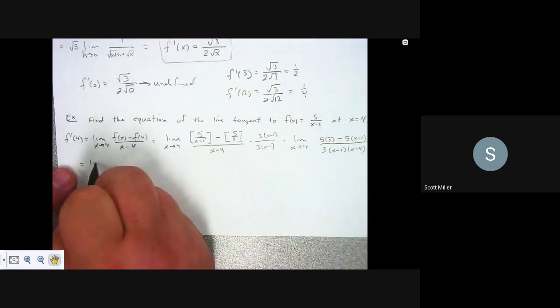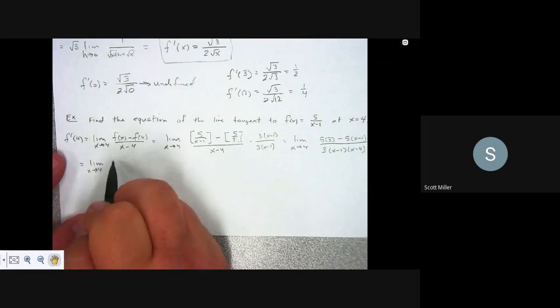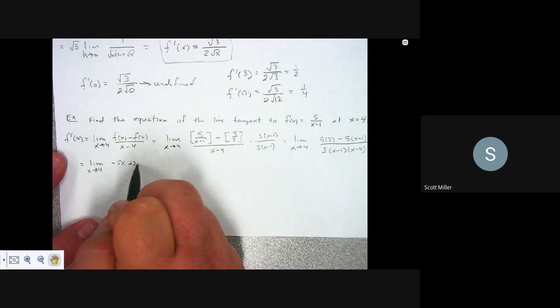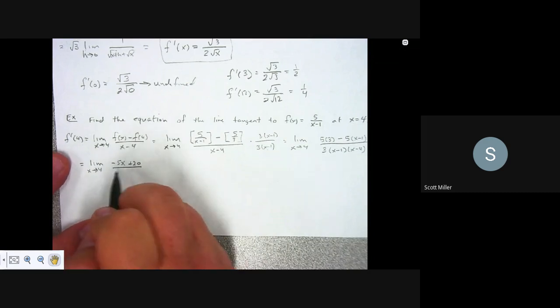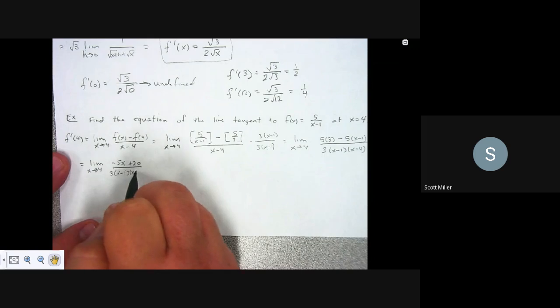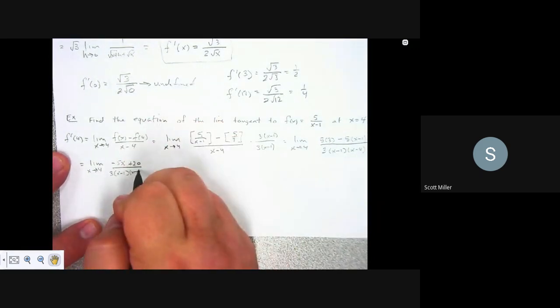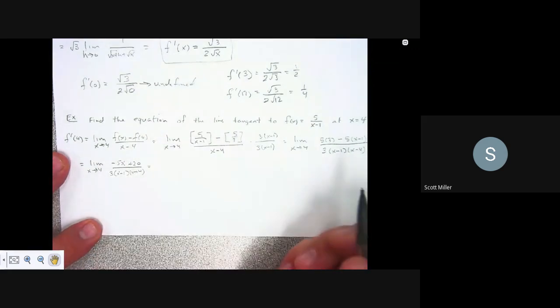And I'll give you the limit as x approaches 4. And then the top should be negative 5x plus 20. And the bottom just stays the same. Don't try and multiply that out. This is x minus 4. Okay.